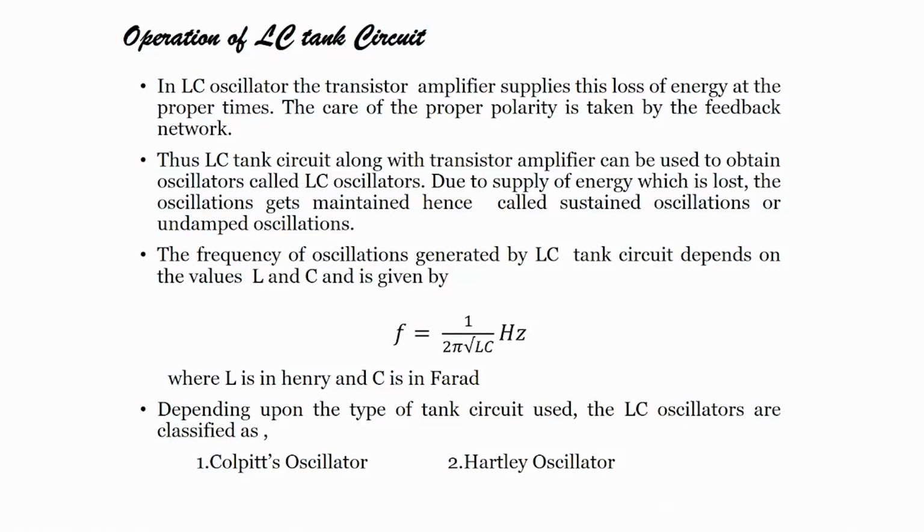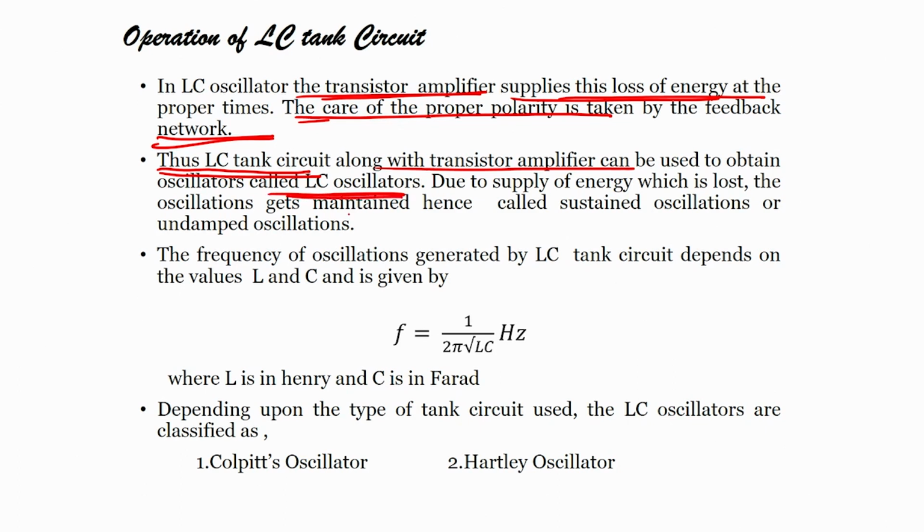In an LC oscillator, a transistor amplifier or an op amp supplies this loss of energy at proper times. The care of the proper polarity is taken by the feedback network. That means whatever loss was there can be taken care of by using the amplifier circuit. Thus, an LC circuit or LC tank circuit along with an amplifier can be used to obtain oscillations, called LC oscillators.